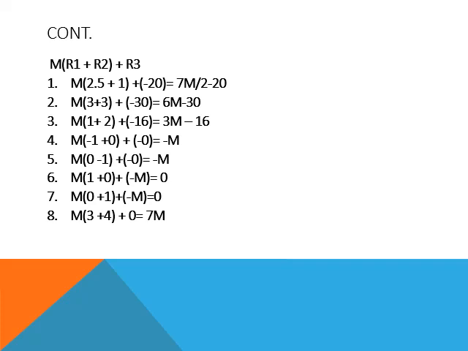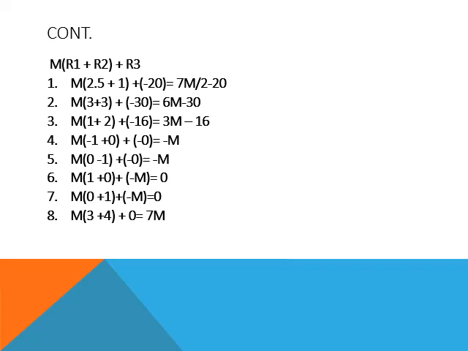M times 3 plus 3 negative 30, it is 6M negative 30, and 3M negative 16. M multiplied by brackets negative 1 plus 0, it is negative M. M multiplied by 1 plus negative 1 is 0.